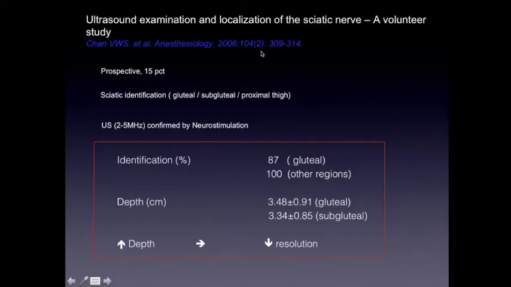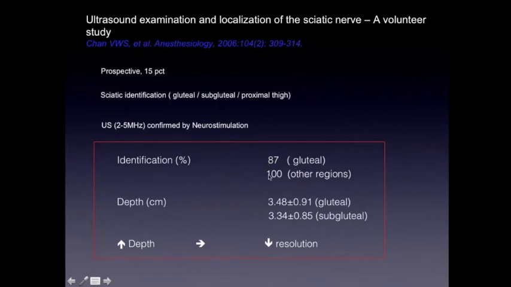Well, this is a very interesting study conducted by Dr. Chan, and he tried to validate, and he did, the correlation between the positive identification of the nerve and its depth. In other words, the identification that they had of the sciatic nerve at the gluteal level, which is a deep level, in comparison to other regions, subgluteal or more distal, was different.